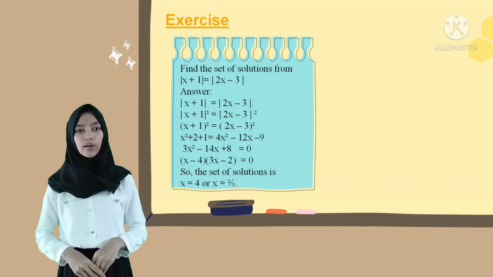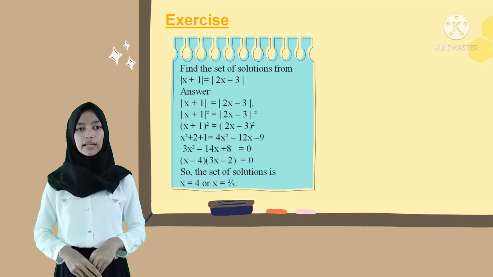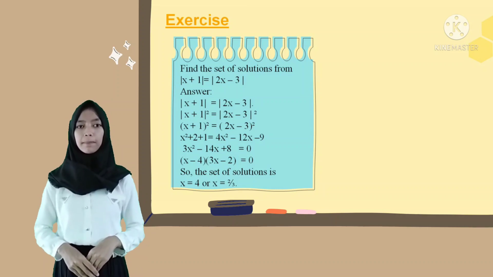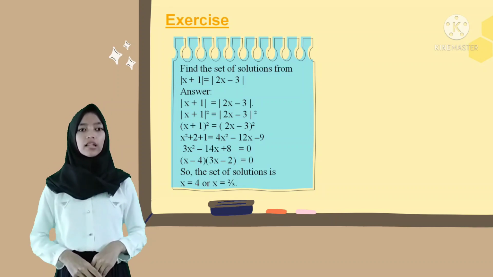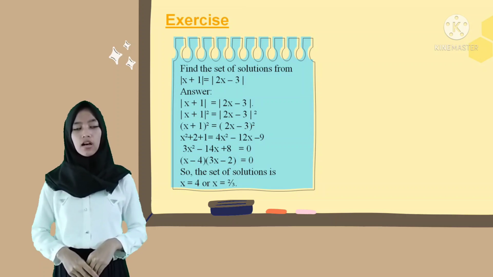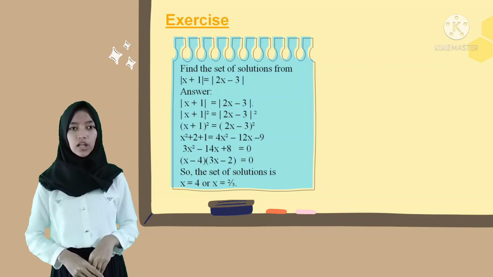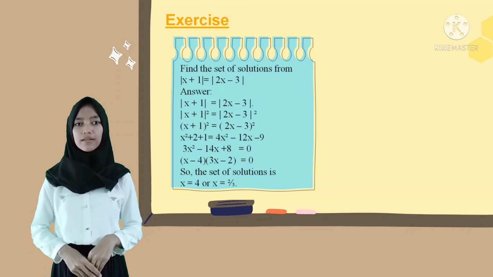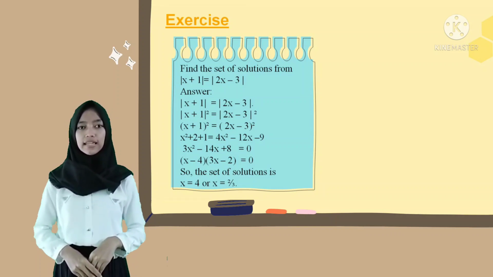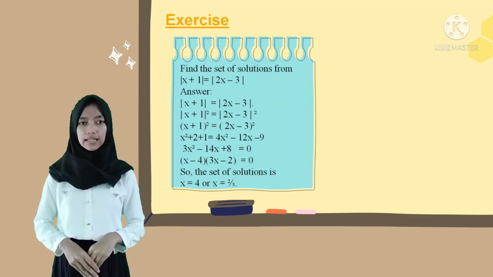Next, we can calculate and get x squared plus 2x plus 1 equals 4x squared minus 12x plus 9. So 3x squared minus 14x plus 8 equals 0. And we get the factors x minus 4 all times 3x minus 2. So the solution set is x equals 4 or x equals 2 over 3.